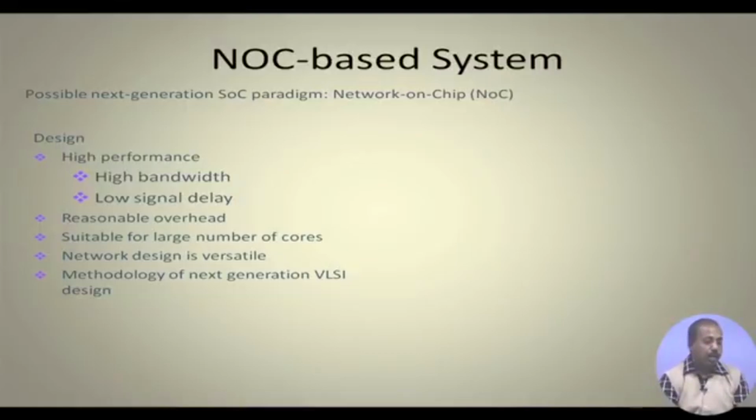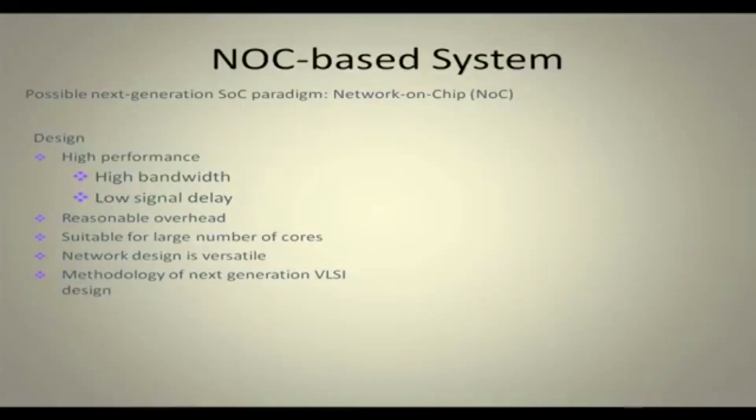So, it is suitable for a large number of cores. That is another point, because for a small number of cores we can do with point to point connection or bus based connection, and they do not cause any harm. However, when we have a large number of cores, the communication between them becomes a problem, and an NOC based system can do better communication.